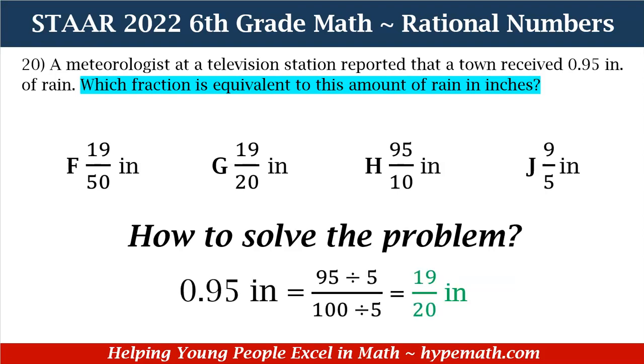And we talked about how to convert decimals to fractions. The first thing we're going to do is underline the last digit, that is 5, and it is in the hundreds place. So 100 will be our denominator, and we're going to drop that decimal point, and 95 will be our numerator. So 95 over 100.